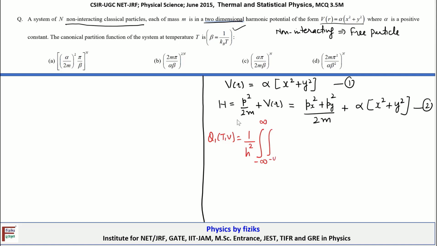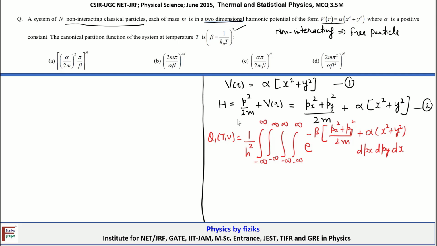We will have four integrals, two corresponding to the space integration and two corresponding to the integration with respect to momentum space, each from minus infinity to infinity, of exponential minus beta multiplied by the Hamiltonian of the system, (px square plus py square) divided by 2m plus alpha times (x square plus y square), multiplied by dpx, dpy, dx, dy. From here we can obtain the partition function.